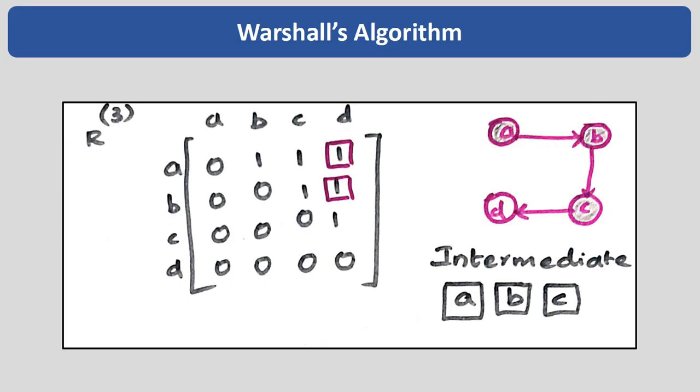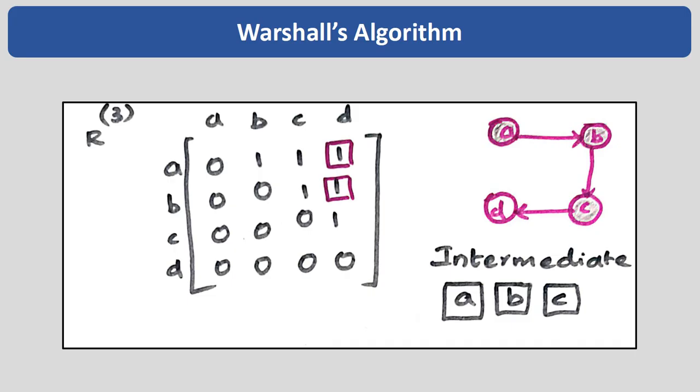We have 3 elements, A, B and C, or you can say node A, B and C. So that means which is passing through A, B and C. So when you observe A to D, there is no direct connection from A to D. But I can start from A and I can reach D through the nodes B and C, because they are intermediate elements, right? So now I can change that 0 as 1.